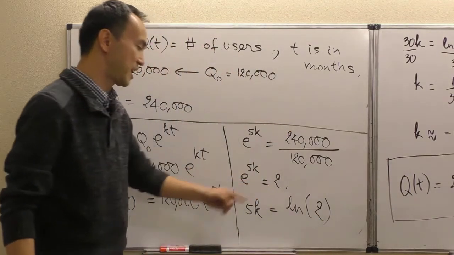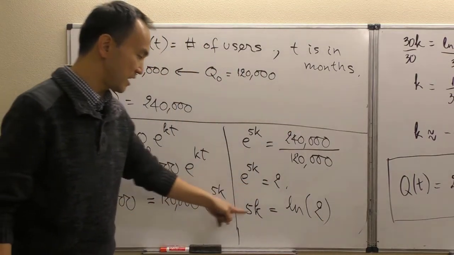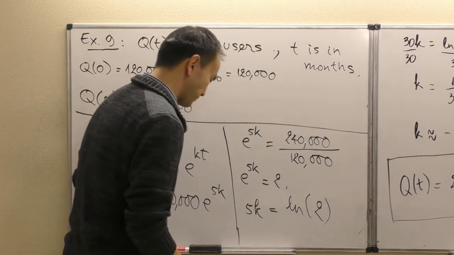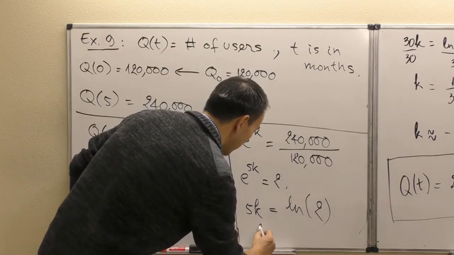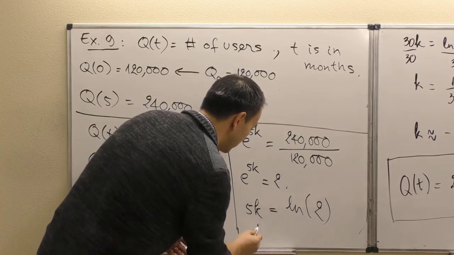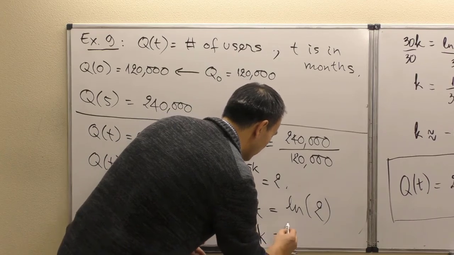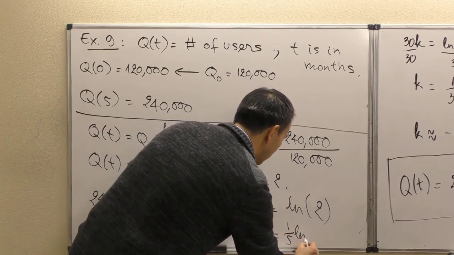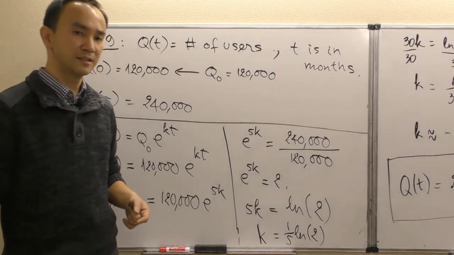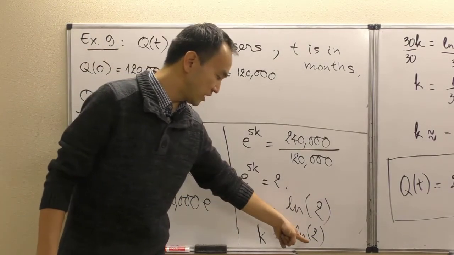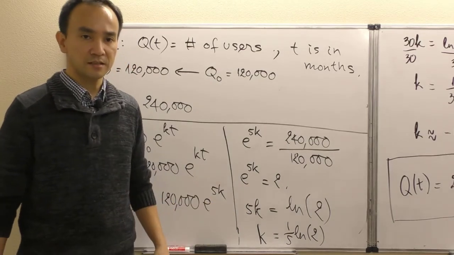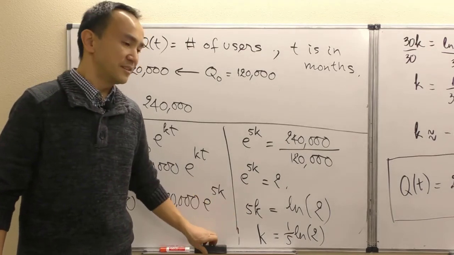Dividing by 5, k equals 1/5 natural log of 2. So it's natural log of 2 divided by 5, and that's our rate.